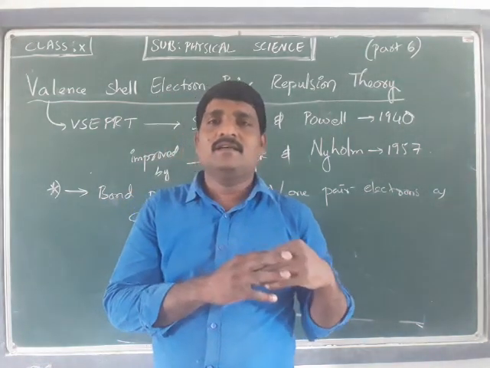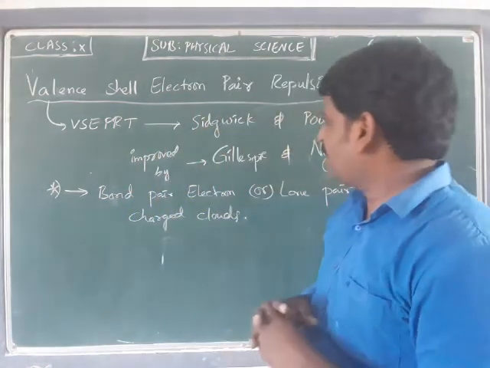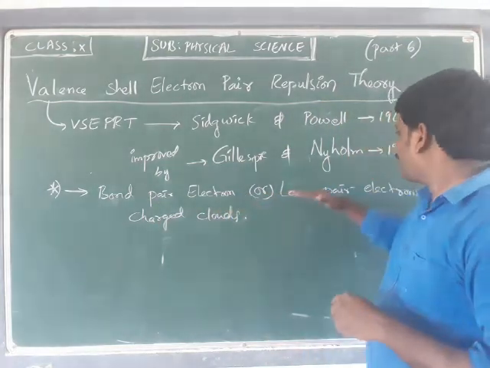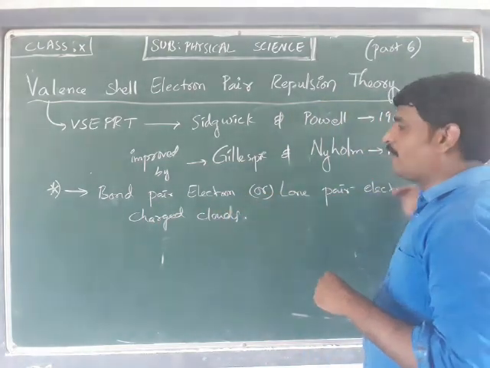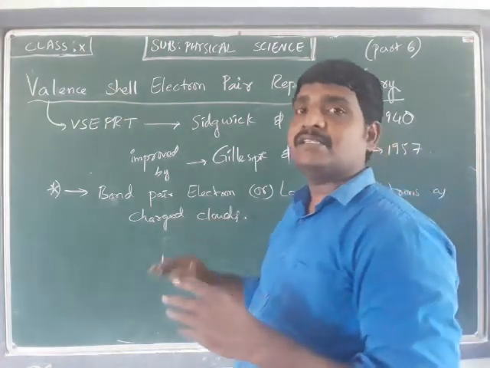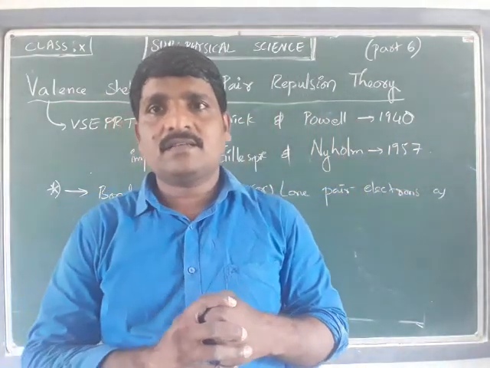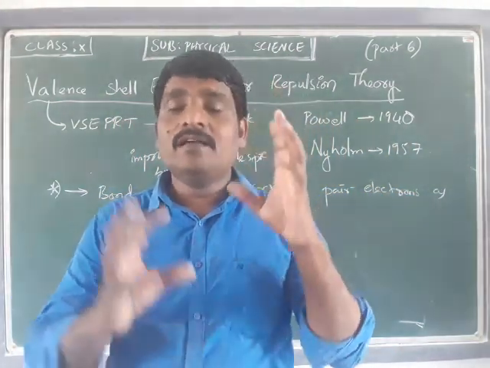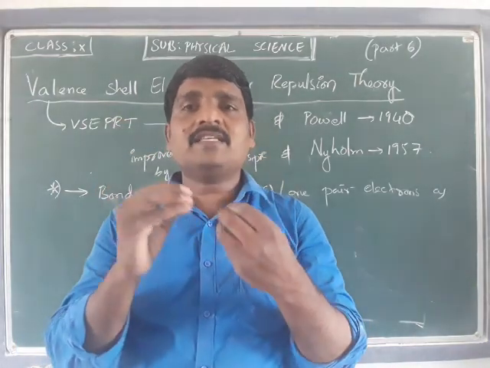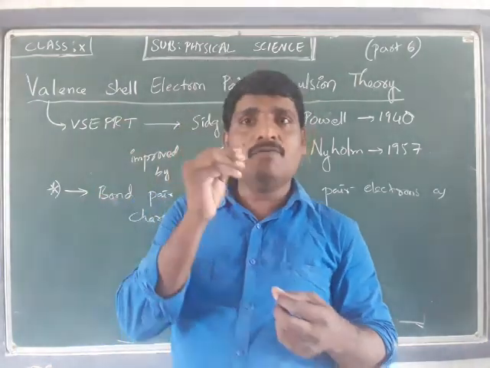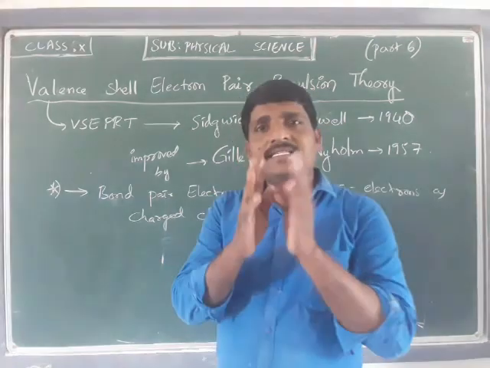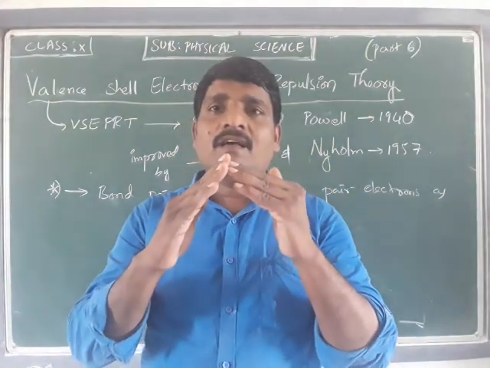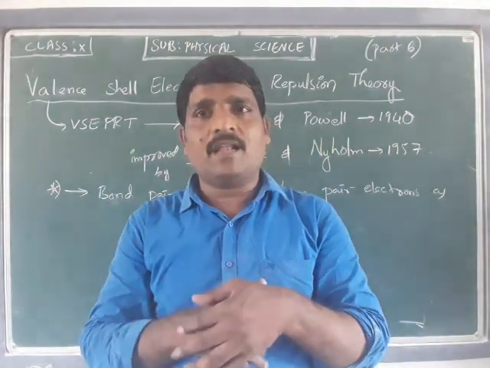So the main basic concept of this is that the bond pair electrons and the lone pair electrons are considered as charged clouds, and there exists a force of repulsion between the clouds.